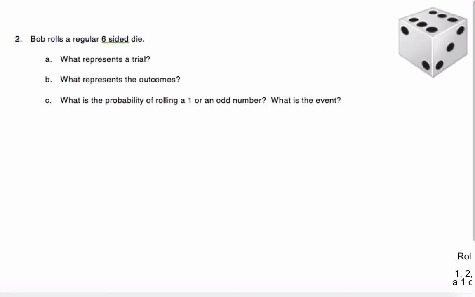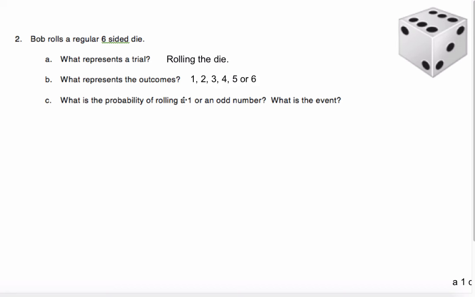Here's another example. Bob rolls a regular 6-sided die. Here's our die. What represents a trial? Well, a trial is simply rolling the die, the act of executing this experiment. What represents the outcomes of this particular scenario? Well, a 1, 2, 3, 4, 5, or 6 are the outcomes.